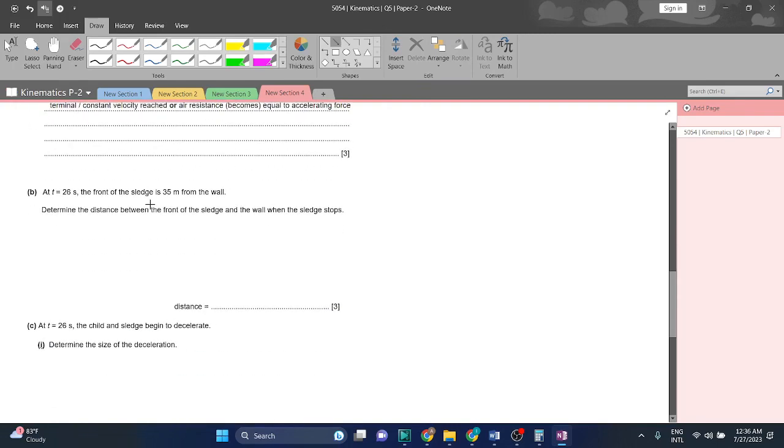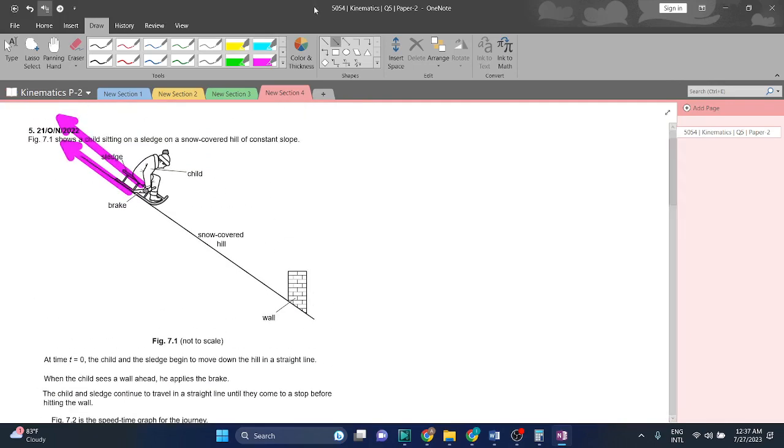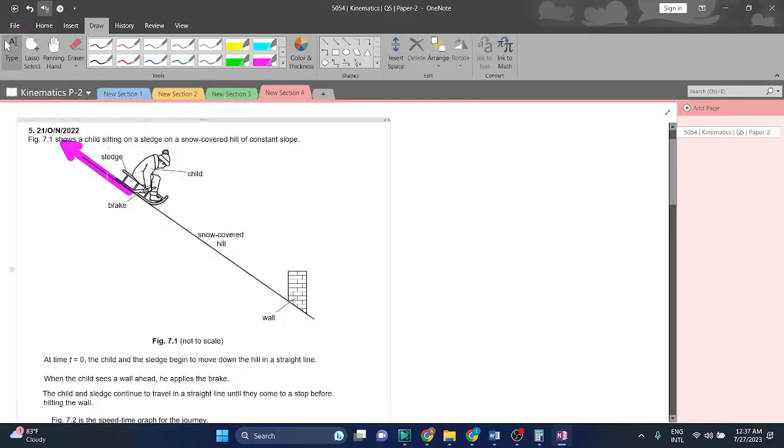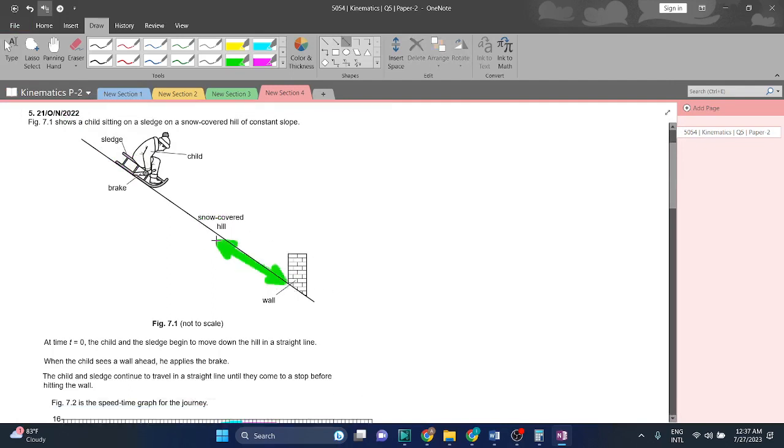B. At 26, the front of the sledge is 35 meters away from the wall. अच्छा वो बोल रहा है it is 35 meters. My bad. It is 35 meters away from the wall. Just assume. We're just assuming here कि इतना है.